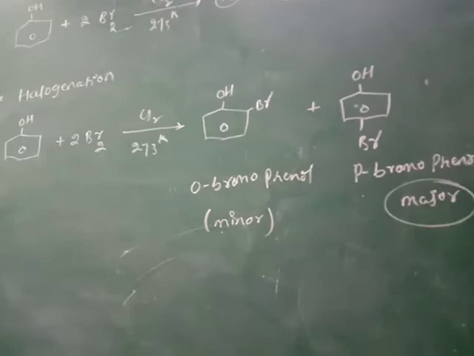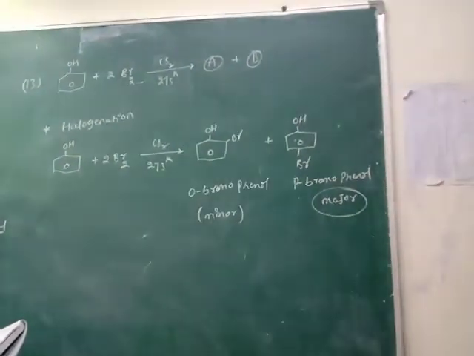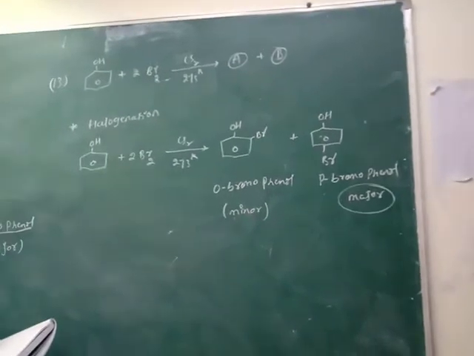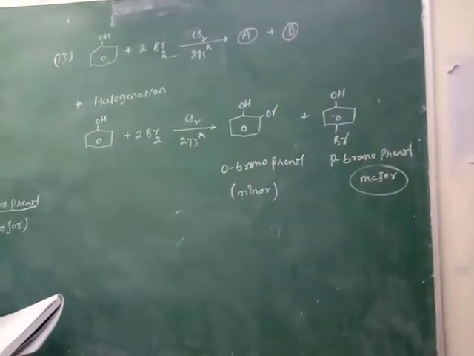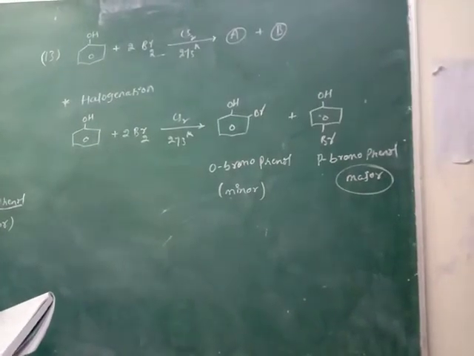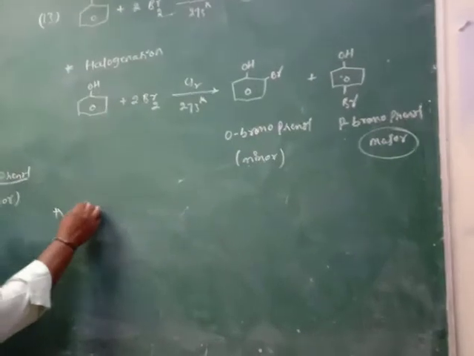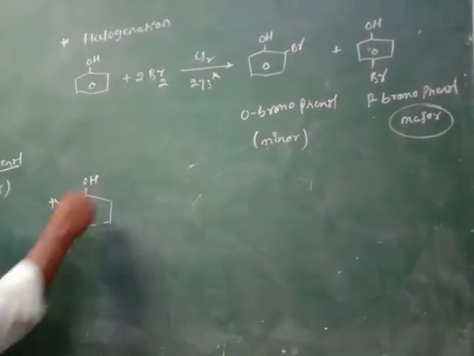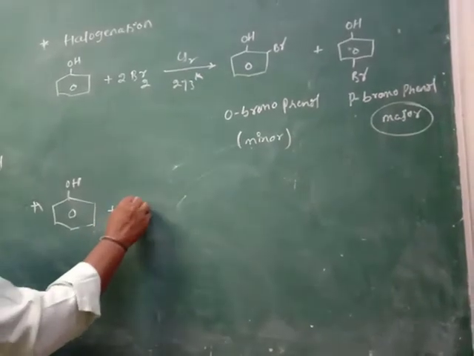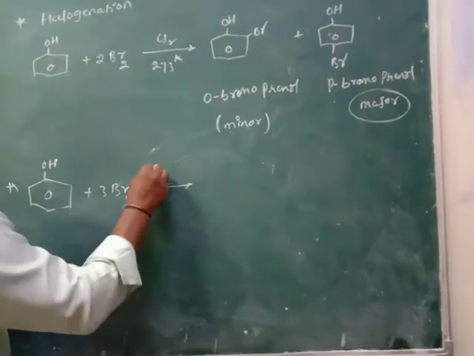Actually, when phenol is treated with bromine in the presence of water, it gives 2,4,6-tribromophenol. Phenol, C6H5OH, is treated with 3 moles of Br2 in the presence of water.